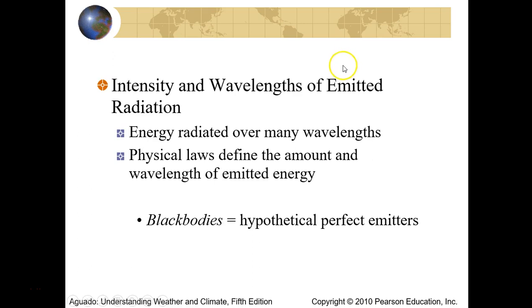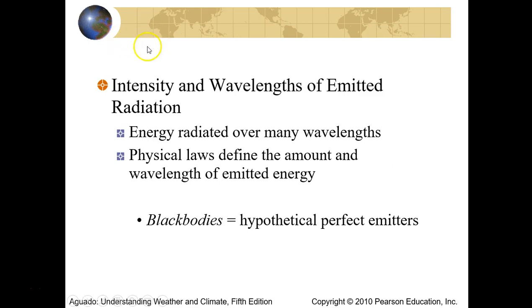And these are very rare, if not impossible, to find in nature, where you find a perfect black body, because the reality is some objects actually absorb certain wavelengths and reflect others, and they don't perfectly absorb and re-radiate energy at the same wavelength.